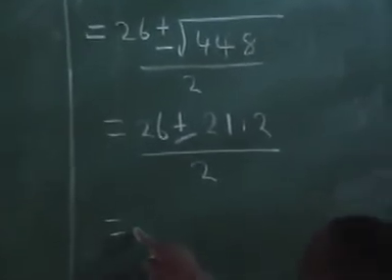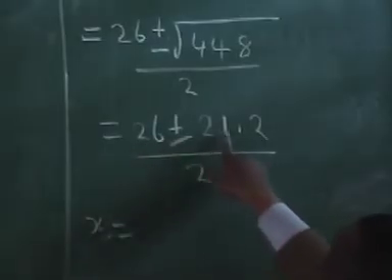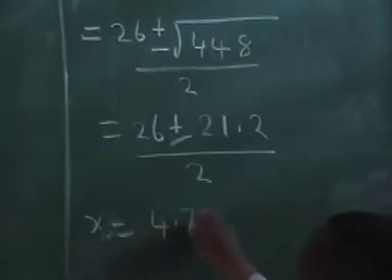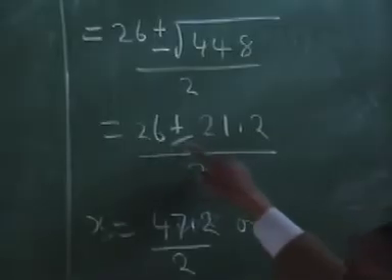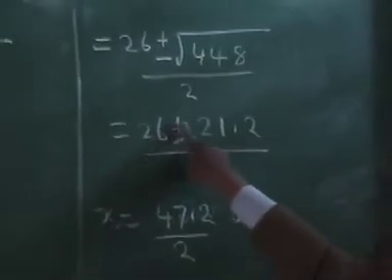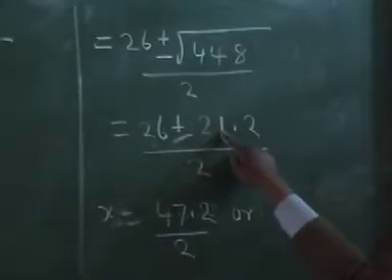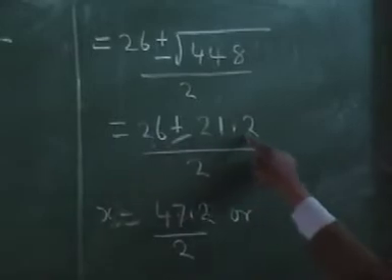So x will be equal to 26 plus 21.2, that is 47.2, all over 2. In a quadratic equation we take the positive first, as 26 plus 21.2 will give us 47.2.